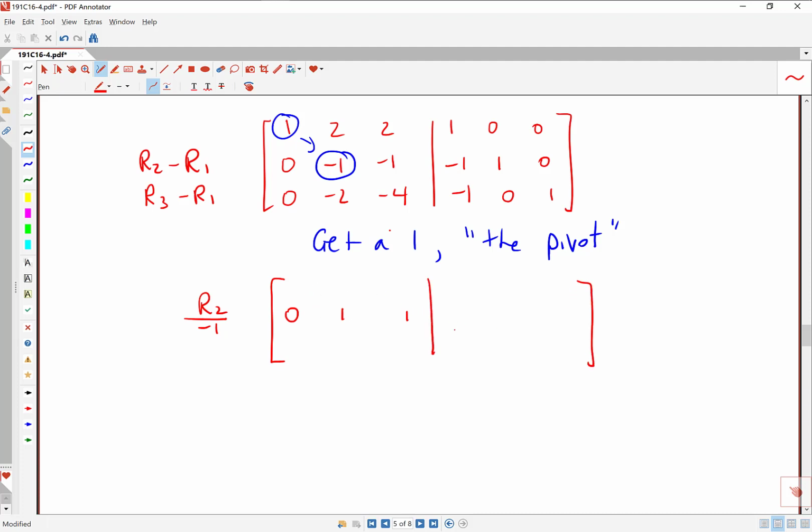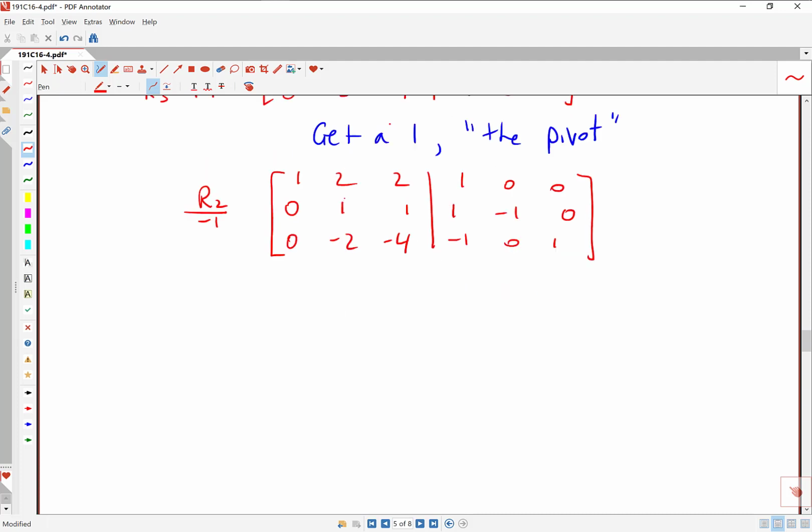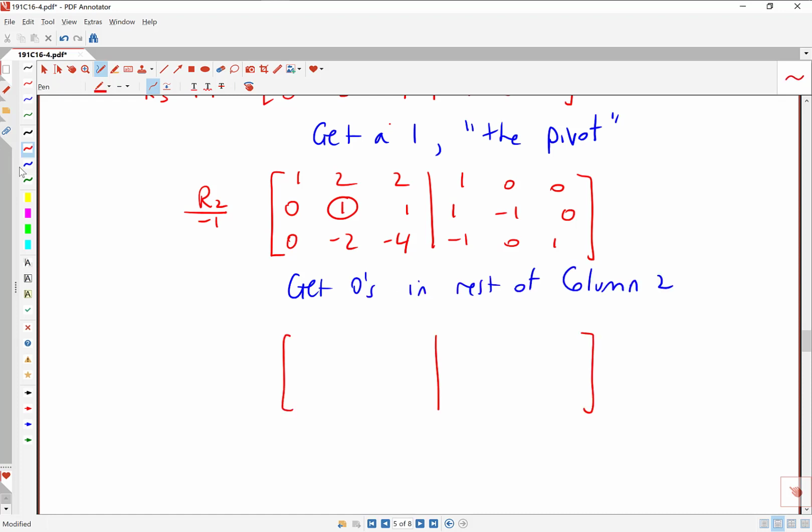So 0, 1, 1, 1, -1, 0, and we'll just recopy the top and bottom rows. So I'll circle that 1 and we'll use it now to get 0s in the rest of column 2. So what we're trying to do now is get rid of the 2 and the -2 that we're seeing in column 2.